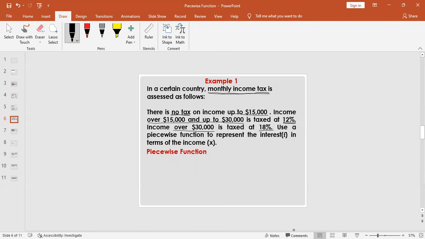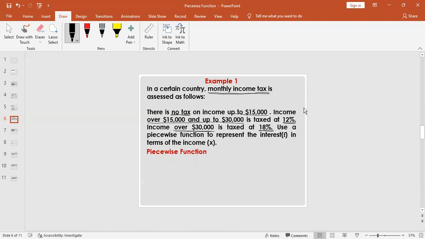And in the last condition, pag mas mataas daw sa $30,000 yung monthly salary mo, mas mataas na din yung tax, which is 18%. So in this problem, we are asked to construct piecewise function. And we are done with the first step, which is to understand and analyze the situation in the problem.